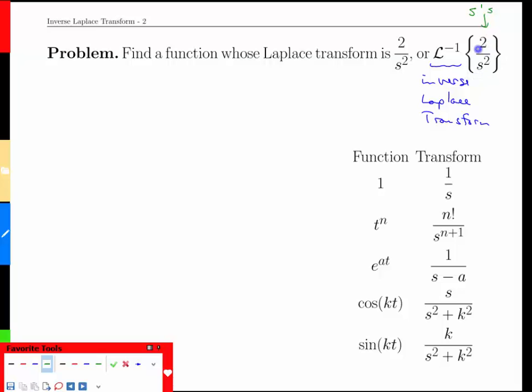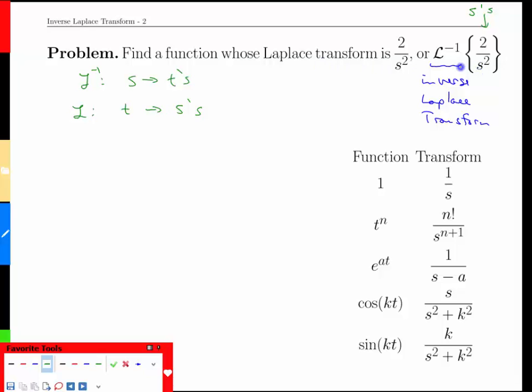We have to have s's in this thing that we're inverting because we're going from s's to t's. So the inverse function takes s's to t's, and the regular Laplace transform has a function of t in it, and it gives us back s's. So just keep that in mind as you go through the process.